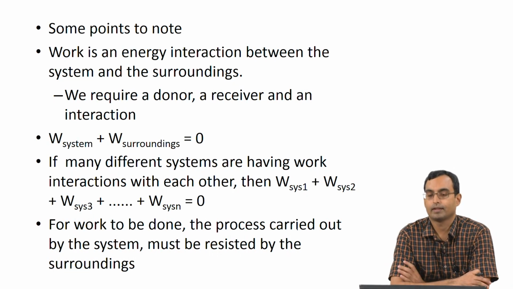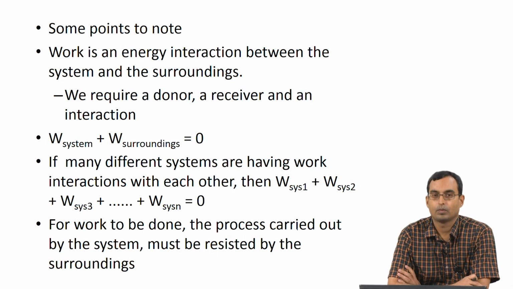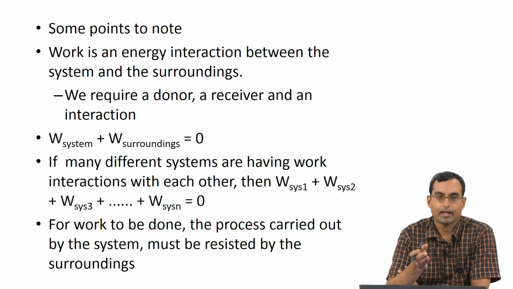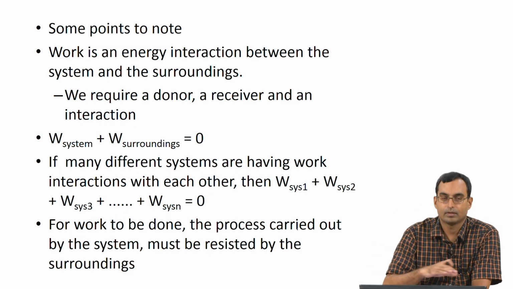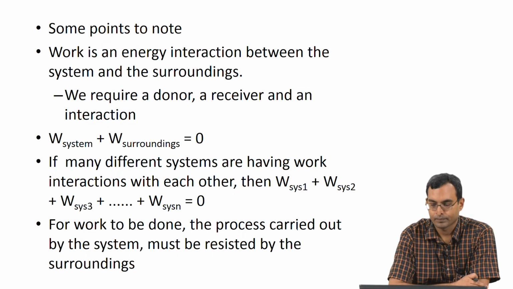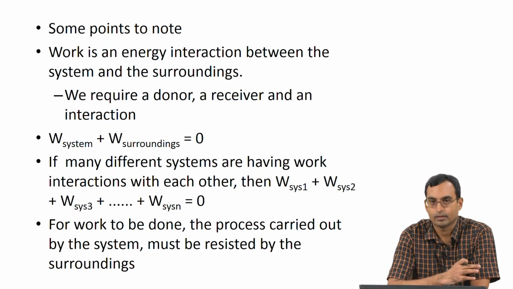So, what we said is that we defined work in terms of some interaction between a system and its surroundings, and we said that the sole effect should be able to be reduced to the lifting of a weight. So, what we see is that it is an interaction between two systems or a system and the surroundings.